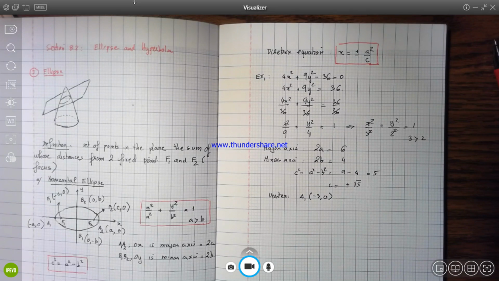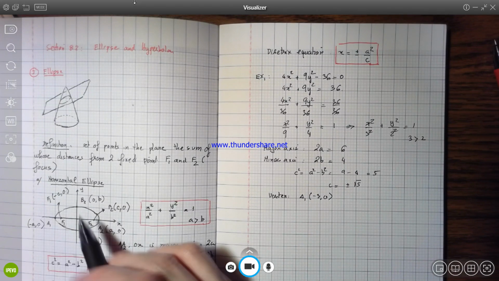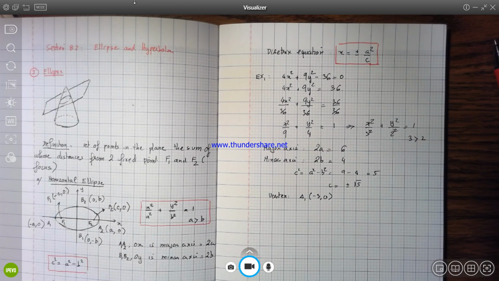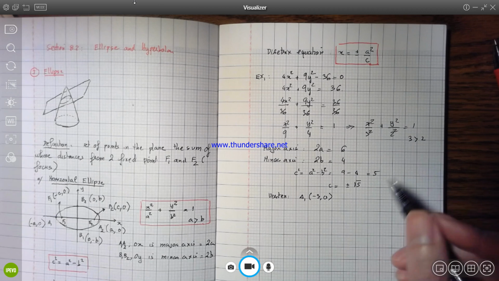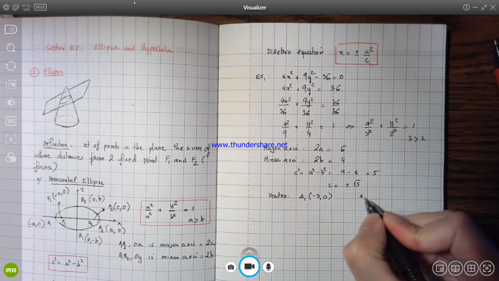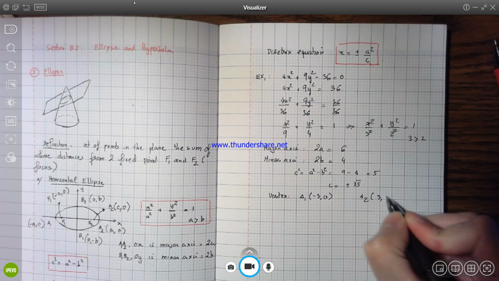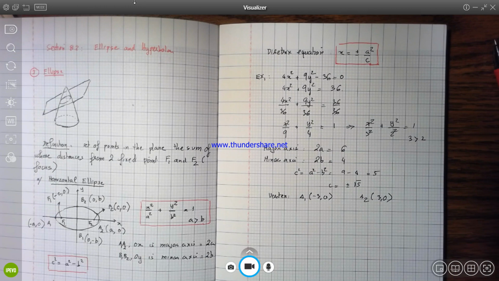Actually, b1 and b2 over here we don't call the vertices. The vertices are just this and this. Then a2 is 3, 0. We can also write out the coordinates of b1 and b2 if you want to.